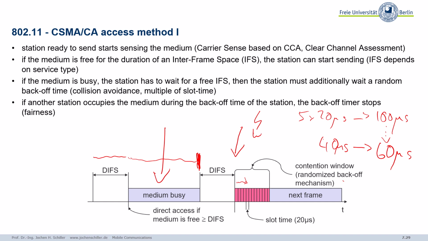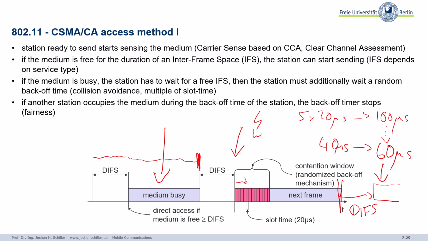After the other station sends, you start again, waiting for DIFS, but then you do not have to pick a new random value, but you can use your old one. And this makes sure that over time, even if you picked a high random number, it will be your turn sooner or later, depending on the behavior of the other stations.